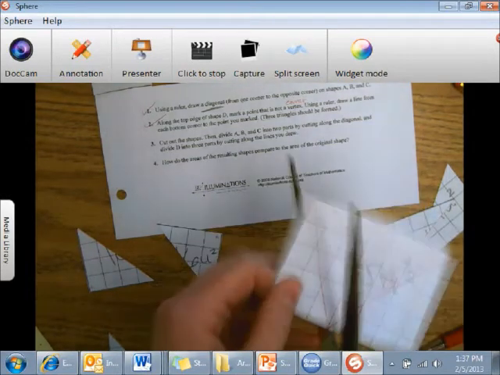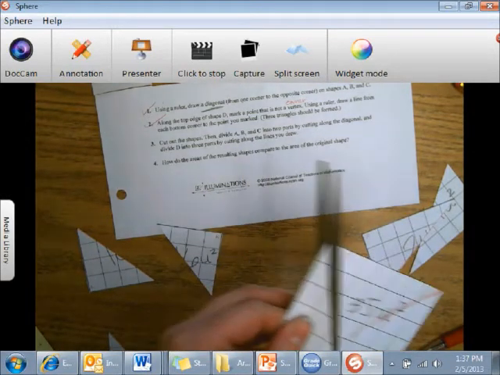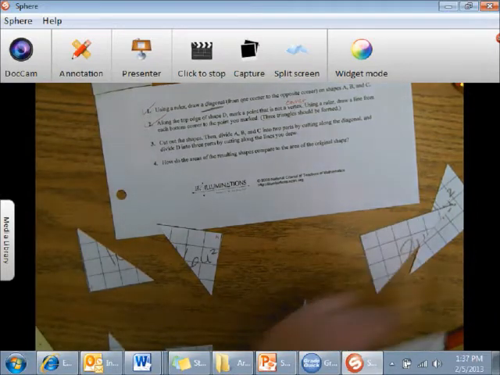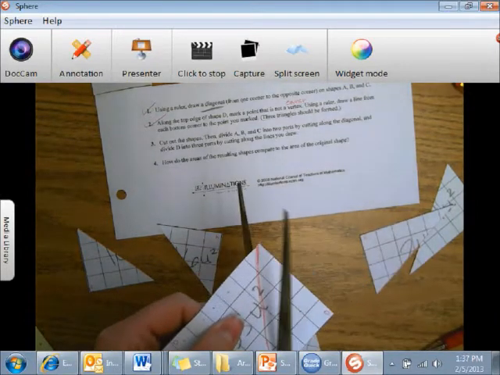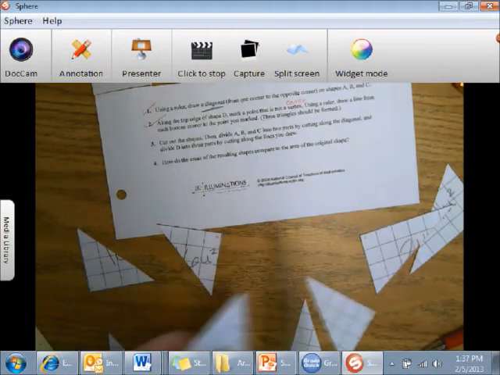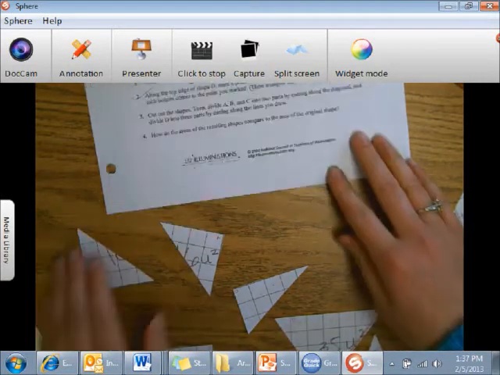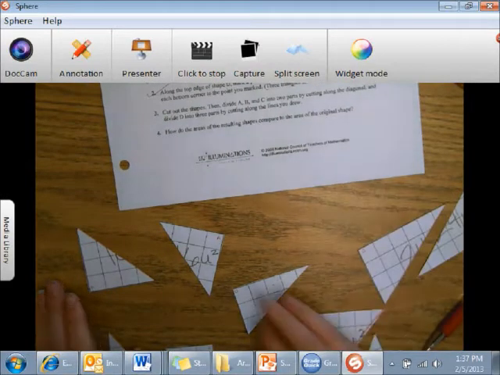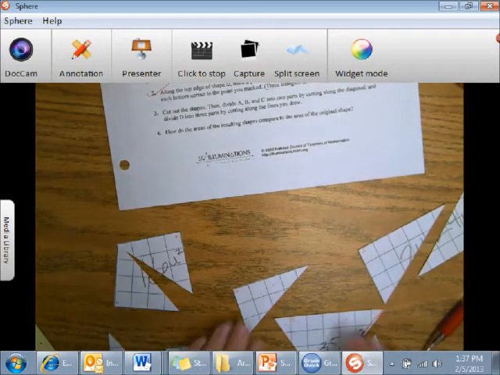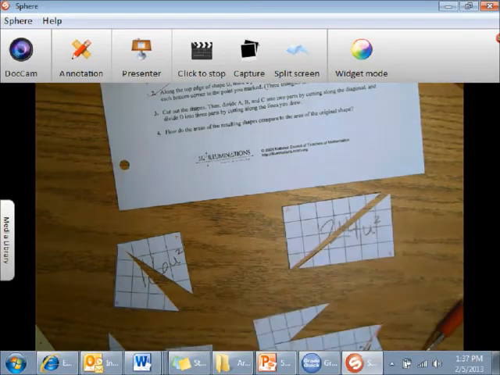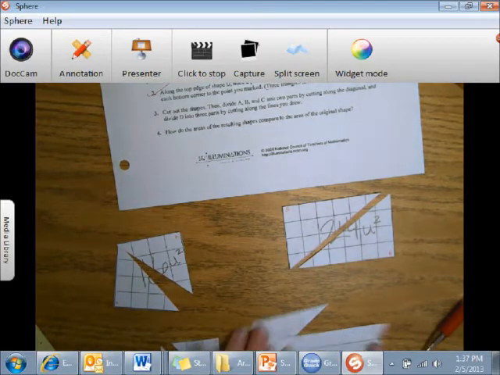So here's going to be 1. And then this will be my second one. Okay? So again, here we have A, B, C, and D.